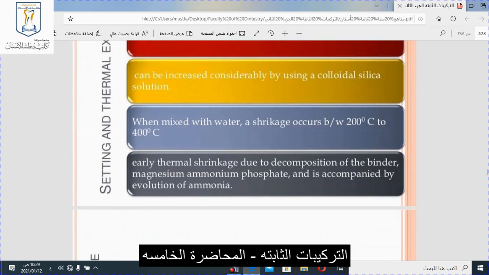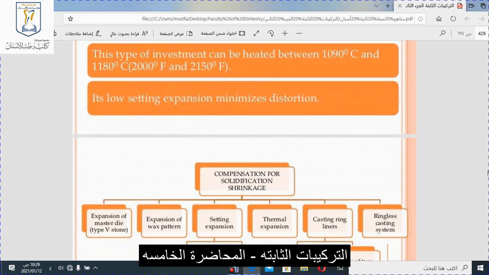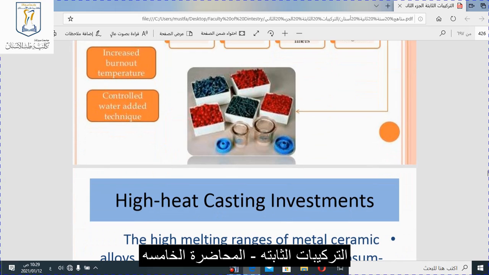So we have ringless casting for phosphate bonded, magnesia based, silicate based, or zirconia based systems. The investment is without a ring. The ring is temporary, either paper, rubber, or plastic, and we have to remove it after setting.